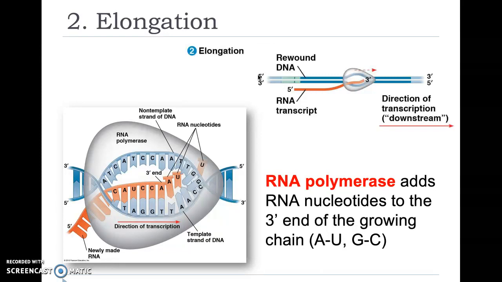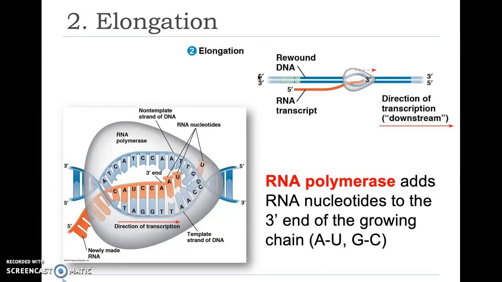The second step of transcription is called elongation. This is actually the process of RNA polymerase adding in the appropriate nucleotides or nitrogenous bases to that template DNA strand.